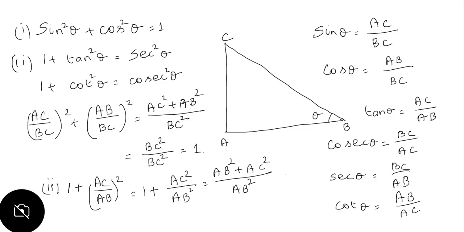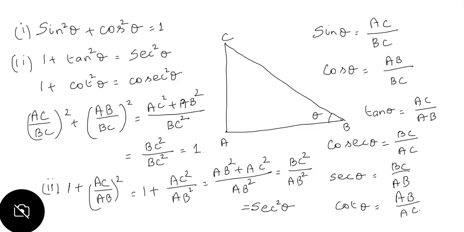So the numerator becomes the hypotenuse, therefore BC square upon AB square, which is the reciprocal of cosine squared, because cosine is AB by BC, the reciprocal is BC by AB, and it is squared. Therefore, don't you see that this becomes secant square theta?